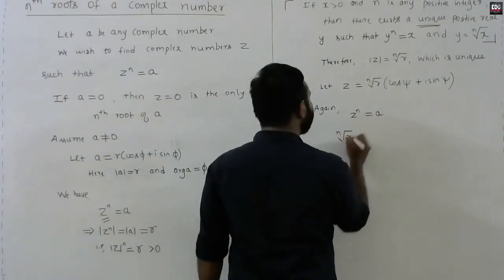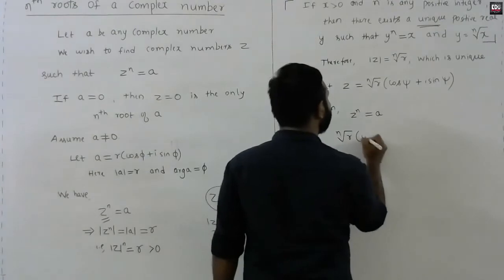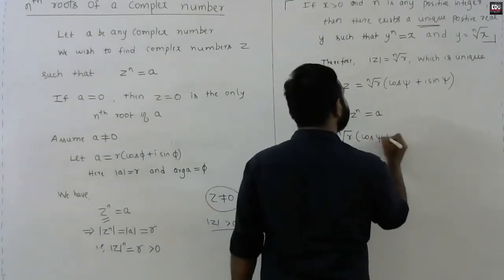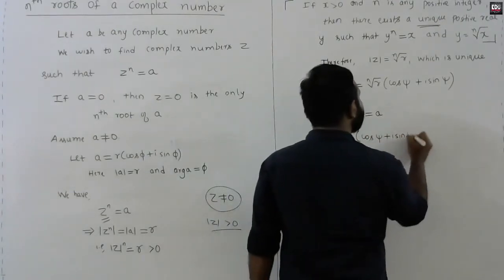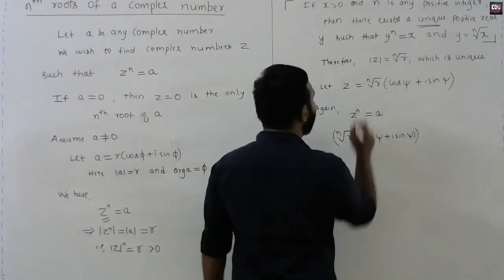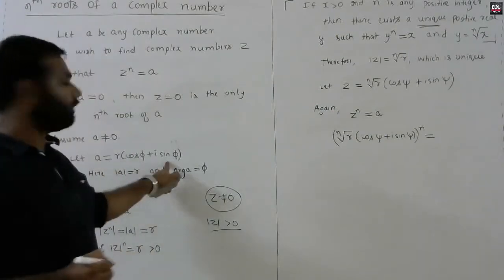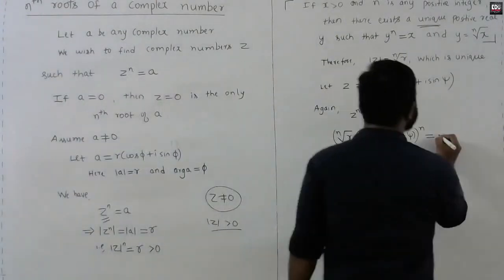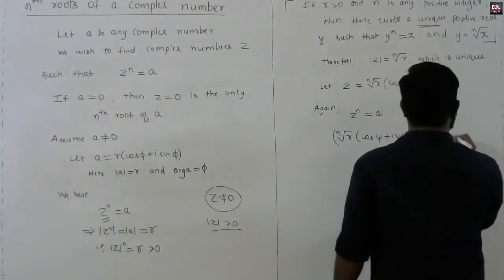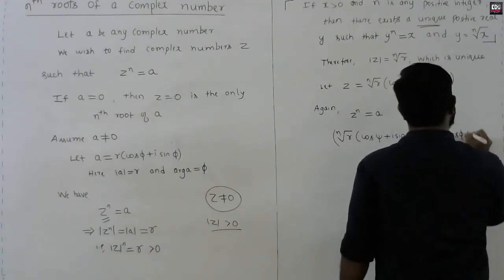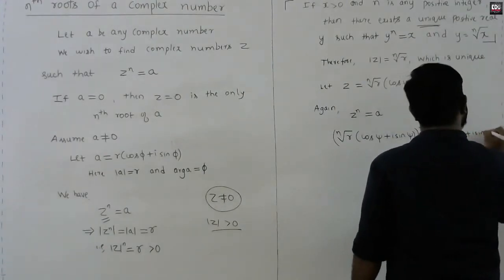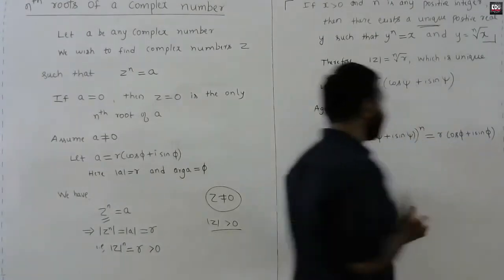The nth root of R into cos psi plus I sin psi, whole power N, equals A, and we have taken A in the polar form, which is R into cos phi plus I sin phi.